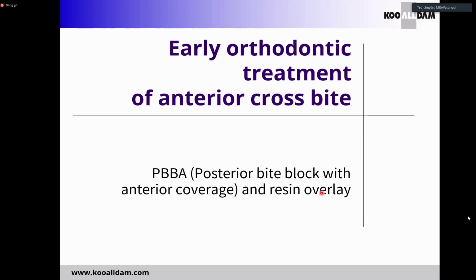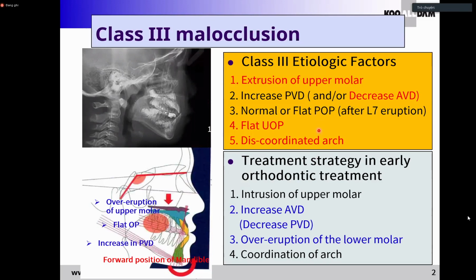Okay, let's move on to another topic. Posterior bite block with anterior coverage, shortened PBBA, and resin overlay. Earlier we mentioned these. The class 3 etiologic factors, extrusion of upper molar and decreased anterior vertical dimension.